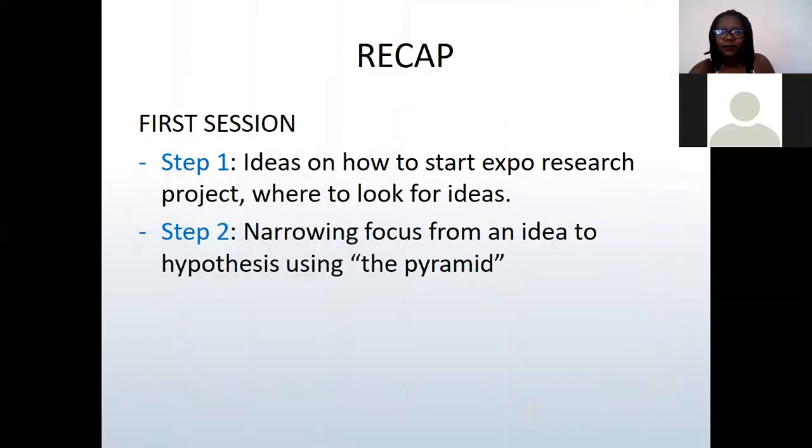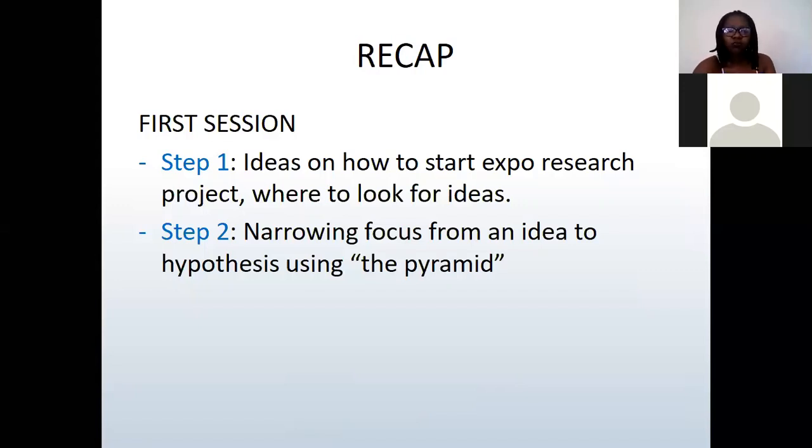As a recap, in the last session that occurred on Wednesday, we had two steps that were addressed. The first one was on ideas on how to start an Expo research project and where to look for ideas. In other words, where learners could look for ideas.